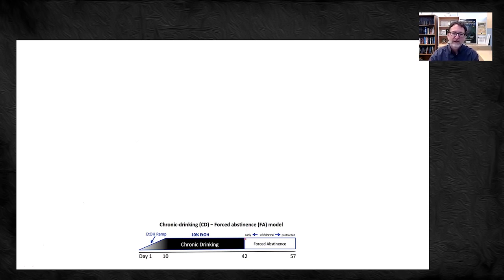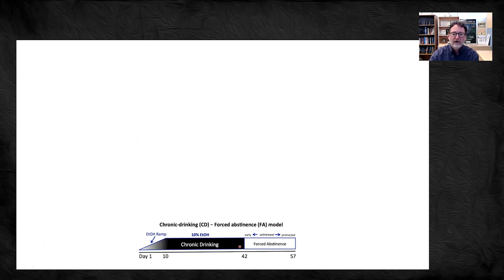So as I mentioned early on in the discussion of the animal model, an interesting feature of the forced abstinence phase is that the anxiety and depression begin at a normal state at the initiation of forced abstinence and then grow over time during this 2-week window.